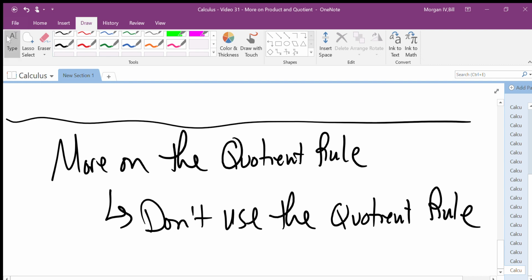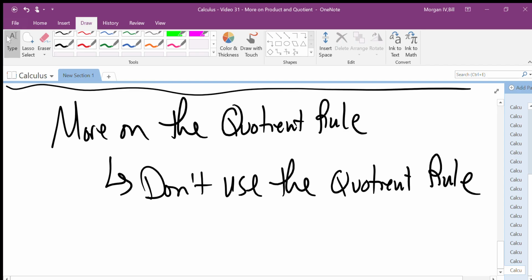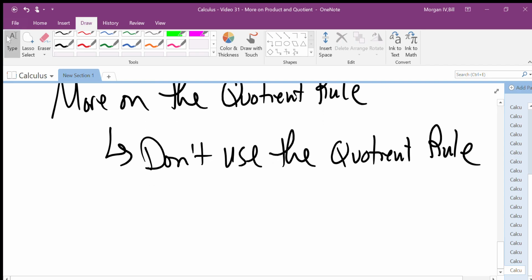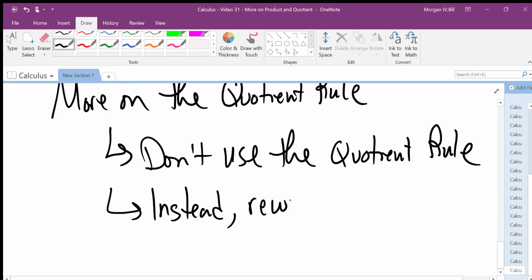Instead of writing it as a quotient rule, we could always write it as a product rule. Let me give you an example. Let's write what I just said there. Don't use the quotient rule. Instead, rewrite it so that you can use the product rule.